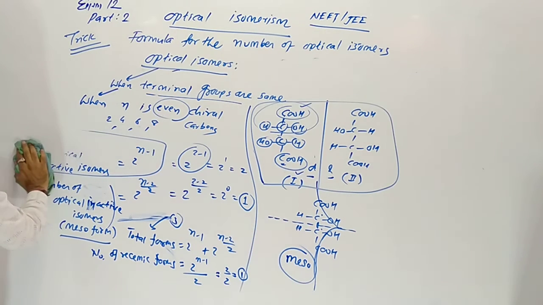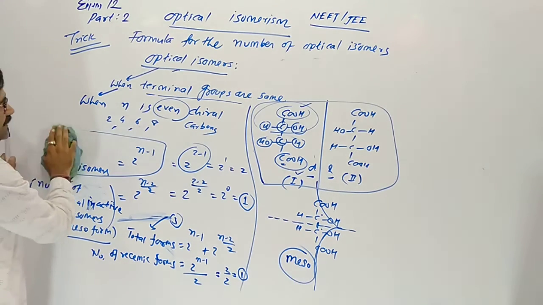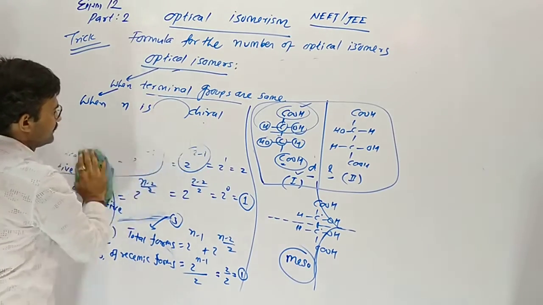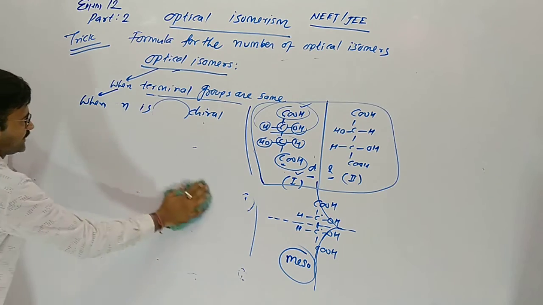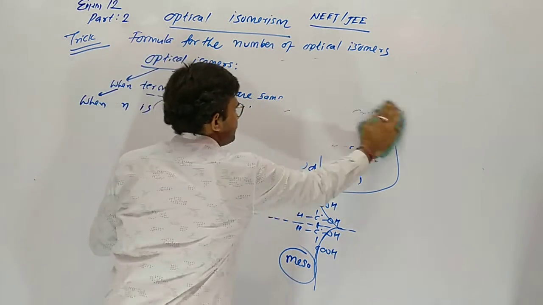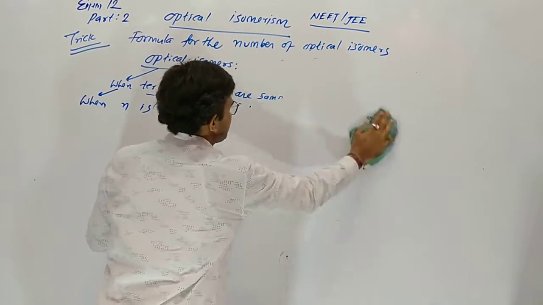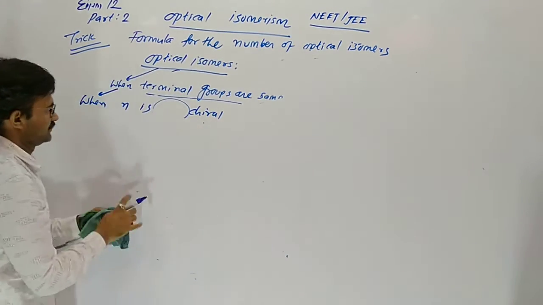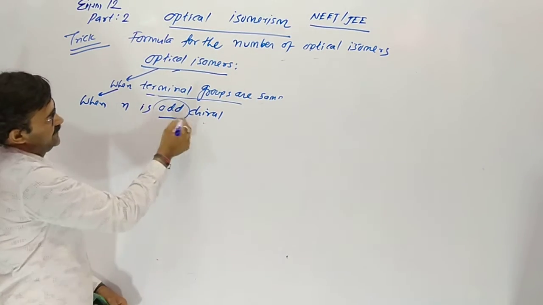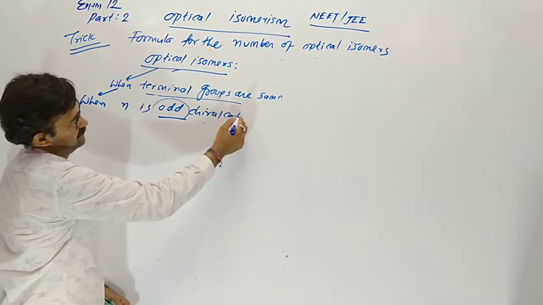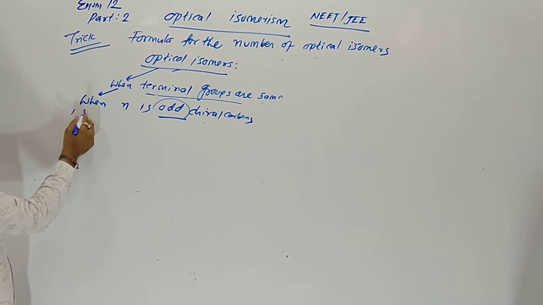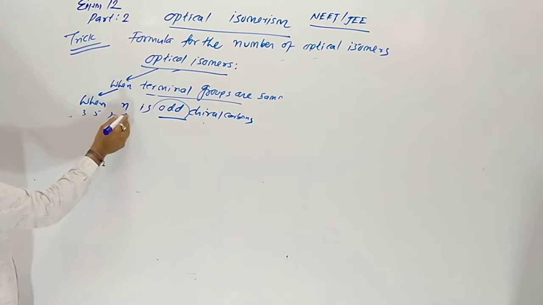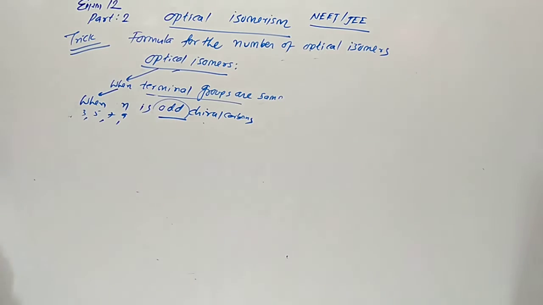Now another example where n is odd, odd chiral carbons. In this case, what do we have to do? Odd means 1, 3, 5, 7, 9 like this.